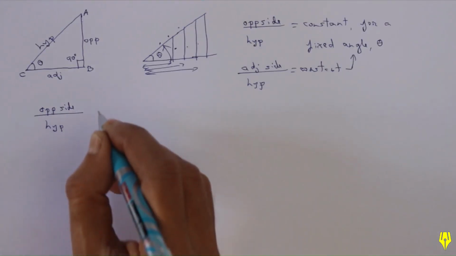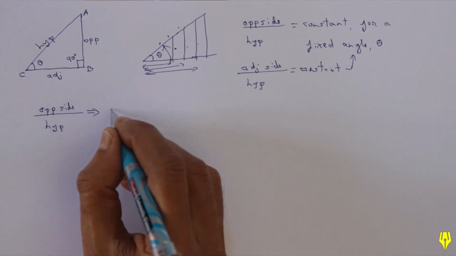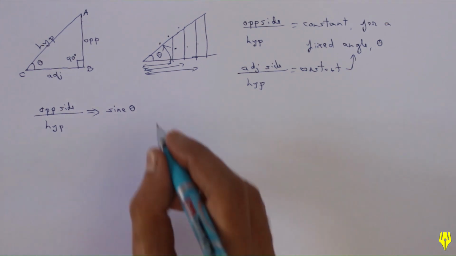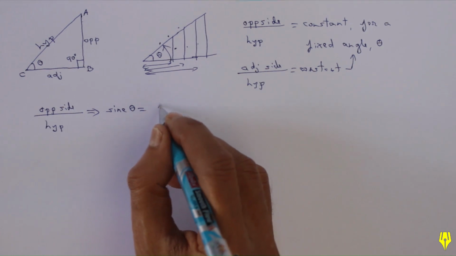So the opposite side divided by the hypotenuse, this ratio, we call the sine of the angle theta. So this can be written as AB by AC.